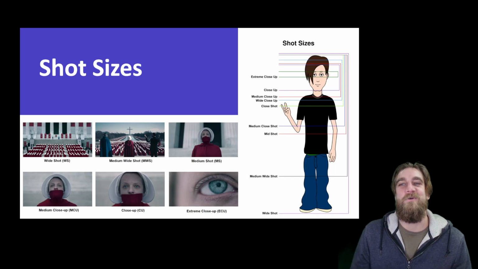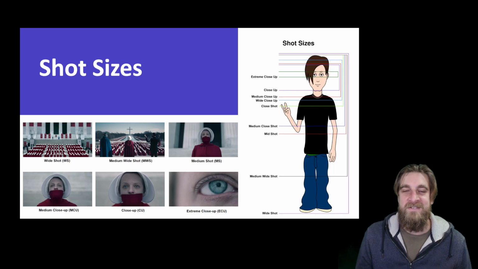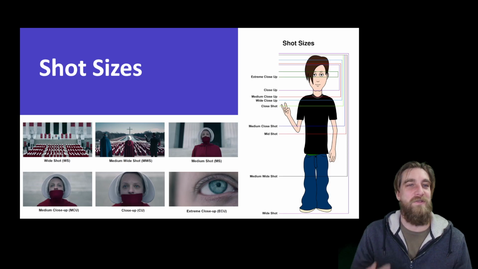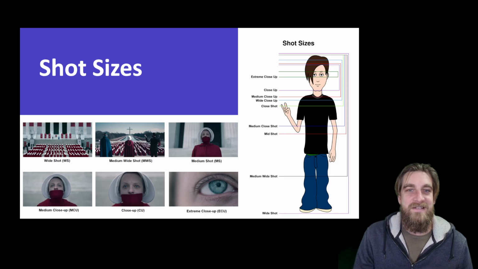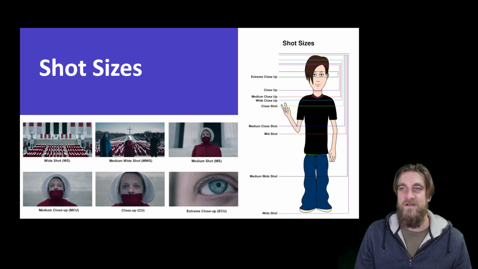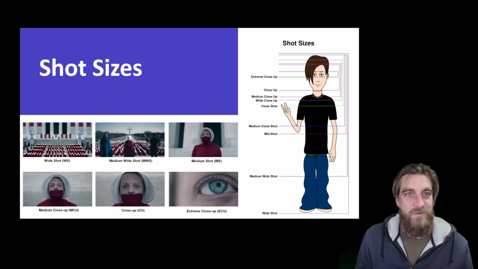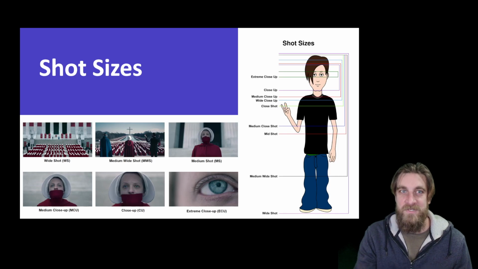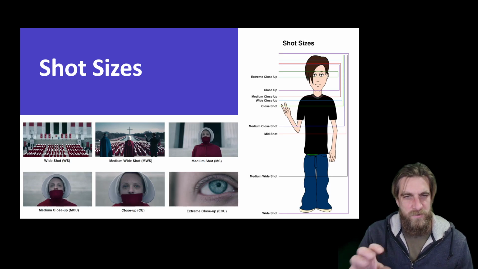We also want to be considerate of shot sizes. So you're going to be creating all sorts of content. You want to understand what those shot sizes are and be able to communicate those ideas or those intentions to your crew. Or maybe you need to interpret things that are being told to you as a crew member or as a camera operator or something. So you need to understand what those shot sizes really look like.